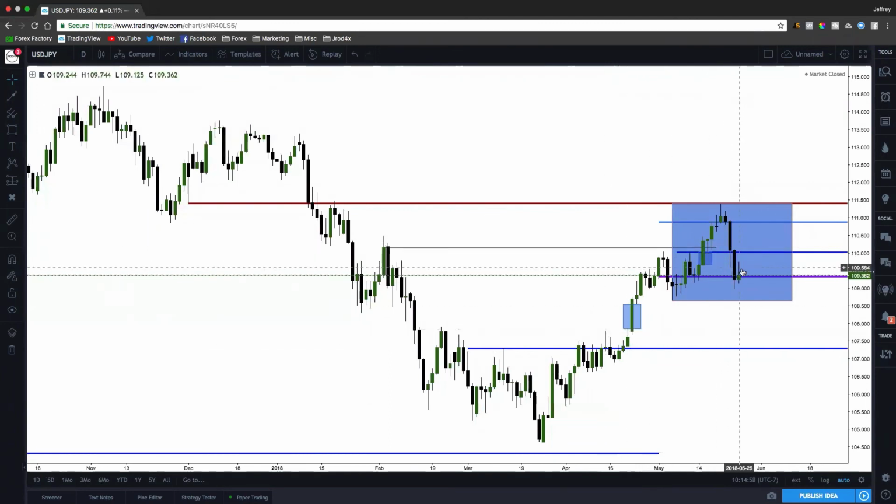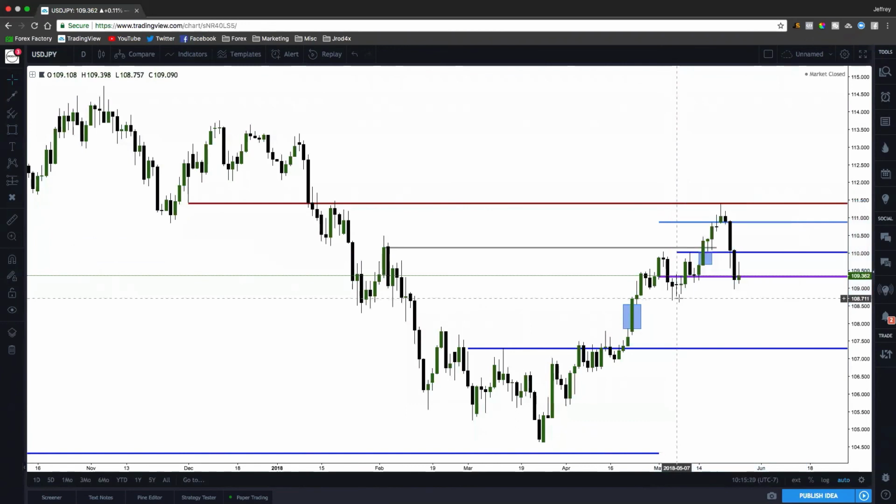Now, if we start to find some support here and start pushing up along with dollar index trading higher, then we'll look for a trade in here if we see a setup. But at the moment, this market does not look like it's finding support, and if anything, looks like it's going to be trading lower.